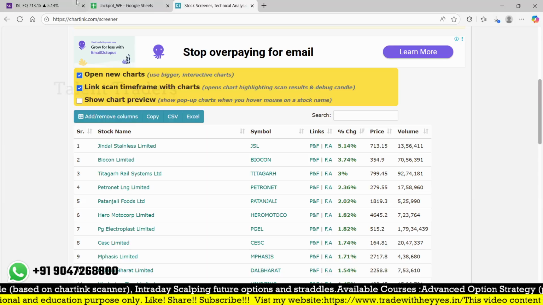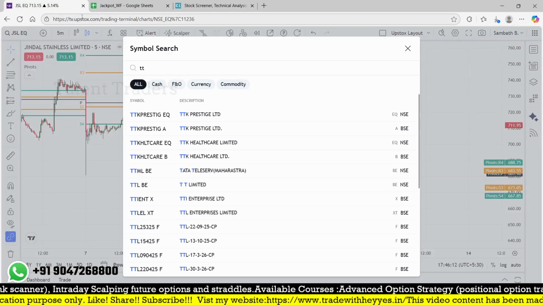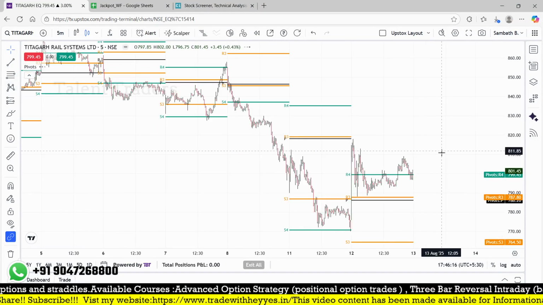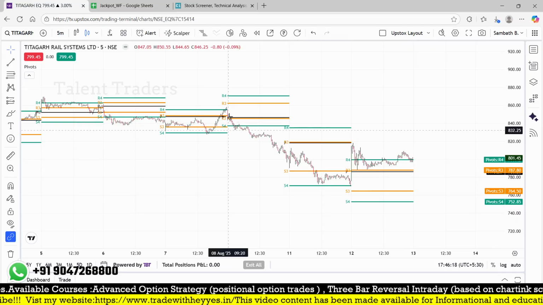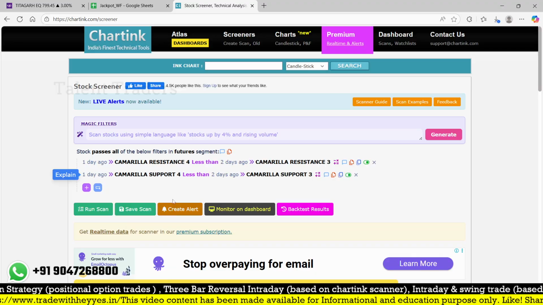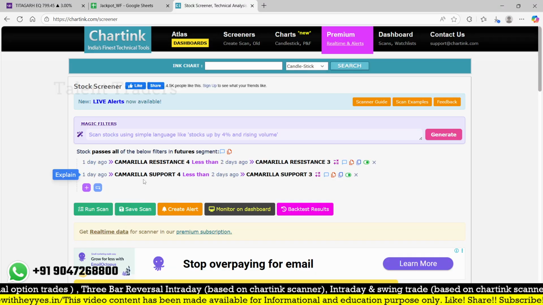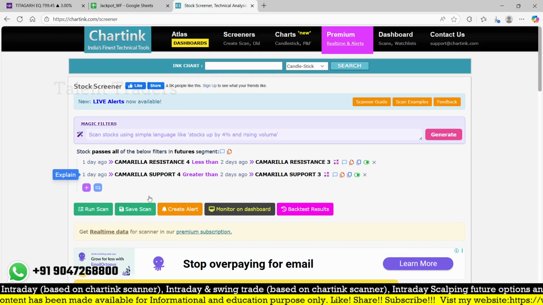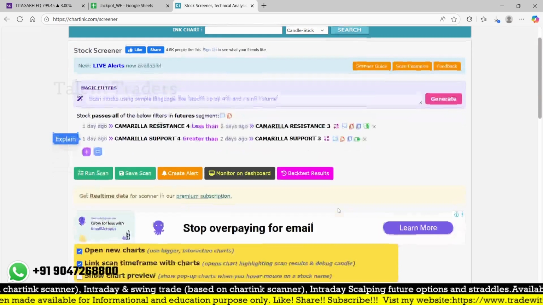Some other stock, data graph. Something we made a mistake. But using charting scanners, we can also easily find today's Camarilla support 4. It must be greater than. Okay, so there is a condition mismatch.